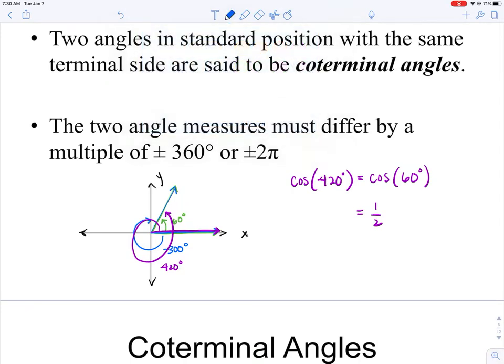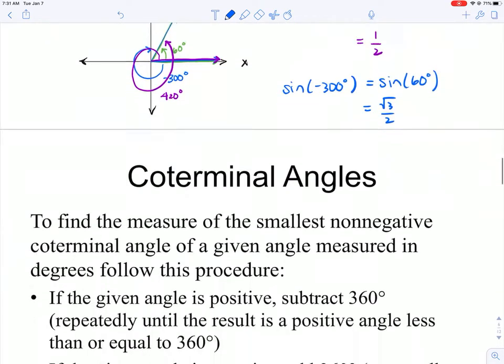Or let's pick another one. How about sine of negative 300 degrees? Negative 300 degrees is not on our unit circle, but we know that 60 degrees is. So we could evaluate sine of 60 degrees, which would end up being root 3 over 2. Okay, so that's how we can think about using coterminal angles.